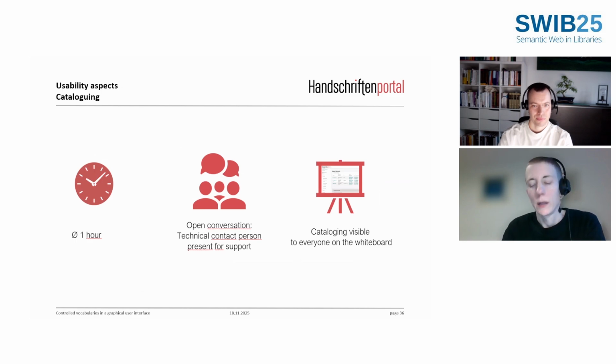For example, users wanted to see the text of the manuscript description next to the linking dialog window. So we adapted this so that they are able to move the window around and see what they want to see at the same time. So yeah, we got a lot of good feedback that we can use now to improve the user experience of the system.